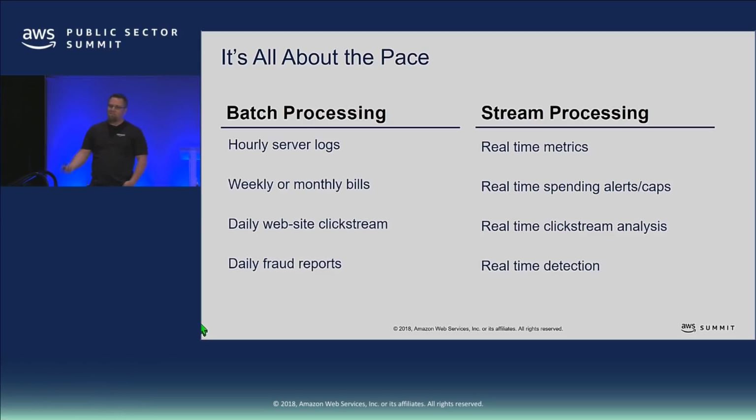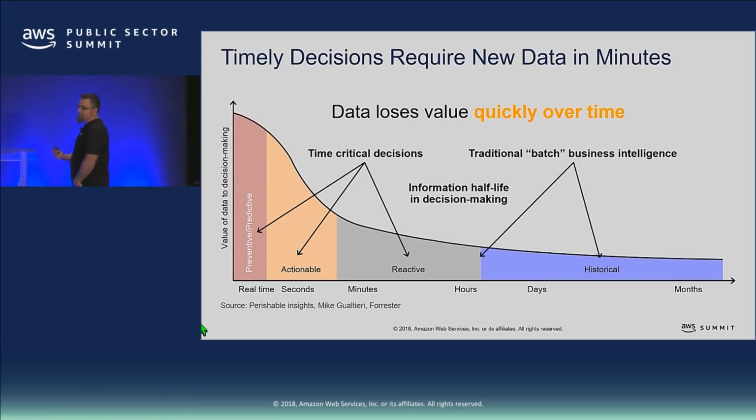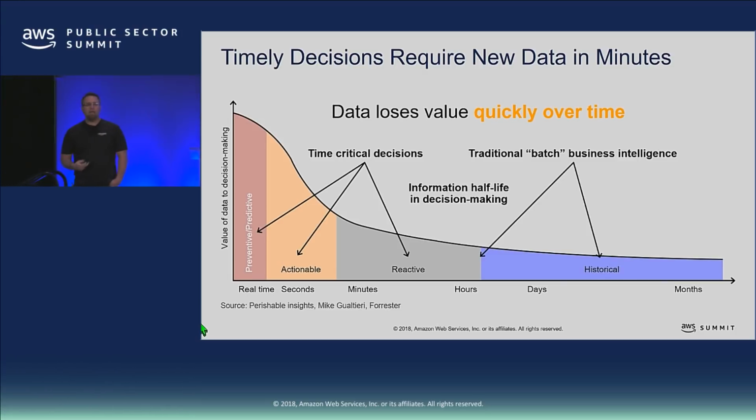You might be processing server logs. You want to do that in real time. You're going to be processing those events right away, not waiting an hour to see what's in those logs and then react to that. And that kind of takes me to this slide here where the value of data can decrease over time depending on how you're leveraging that data. And what I mean by that is, all the way on the right there, that historical data still has a lot of value for a lot of the traditional analytics you would run on that.